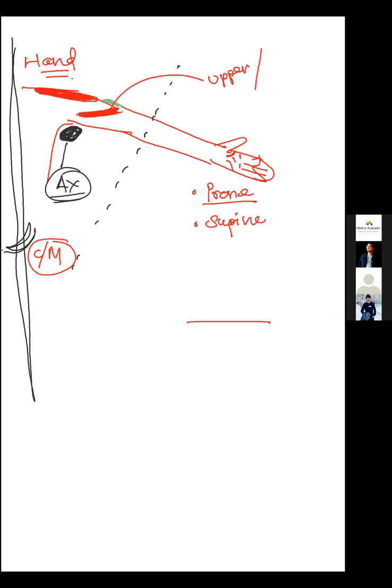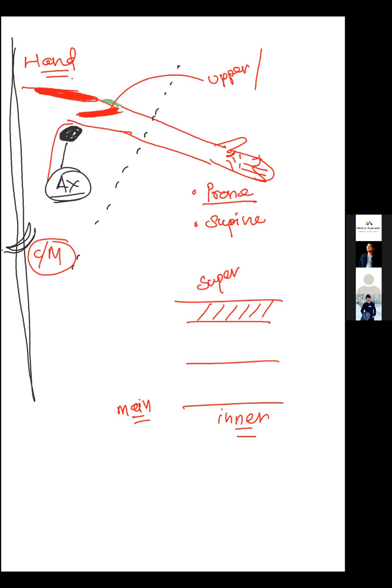This is the layer. If I ask you, this is the first layer, the outer environment, and this is the inner. So the innermost has the main blood vessels, and outer we have superficial or subcutaneous.